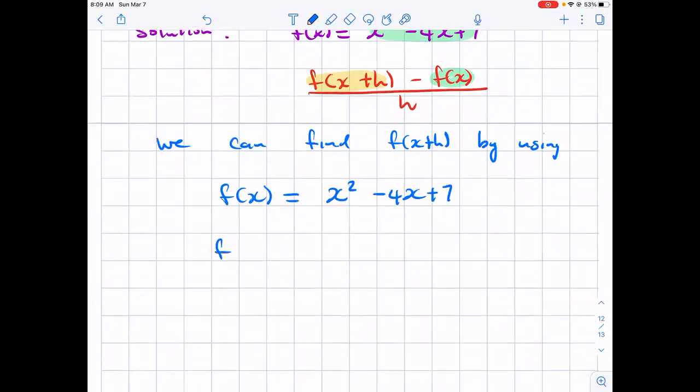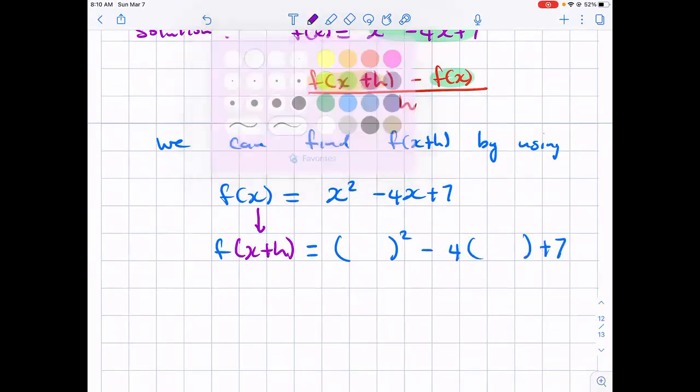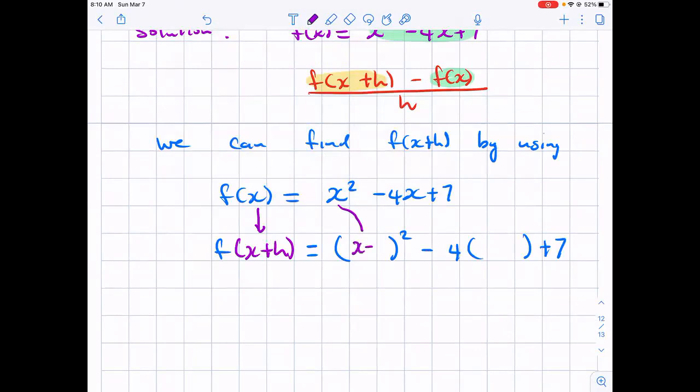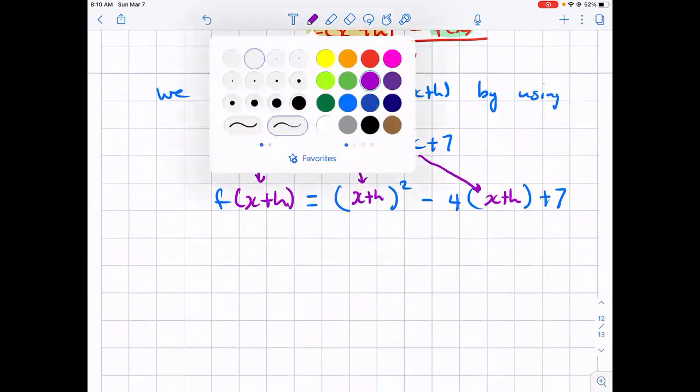So for f of x plus h, everywhere I see x, I replace it with x plus h. So this is equal to x plus h squared minus 4 times x plus h plus 7. And we simplify it.